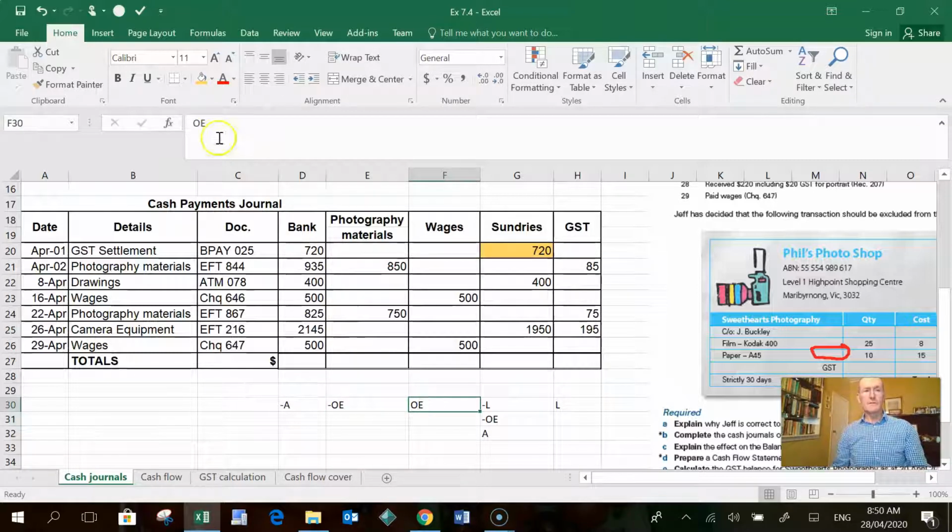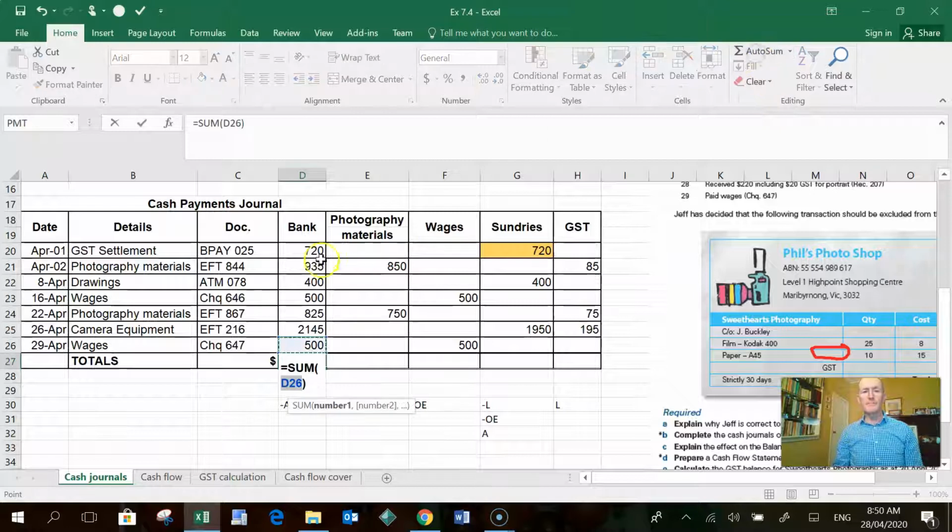And a decrease to owner's equity. Alright, so the whole thing will balance if you did that accounting equation. So assets down because you're paying that amount of money. Let's total all those up. And then copy that across.